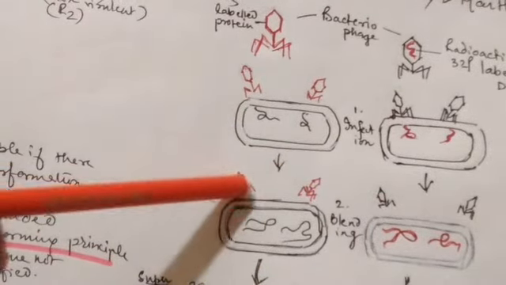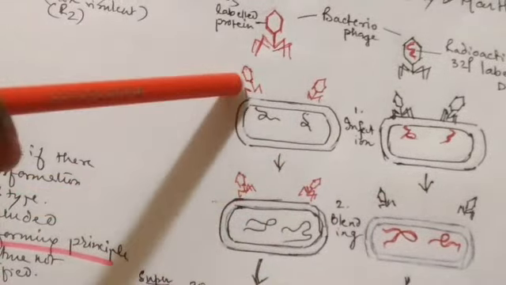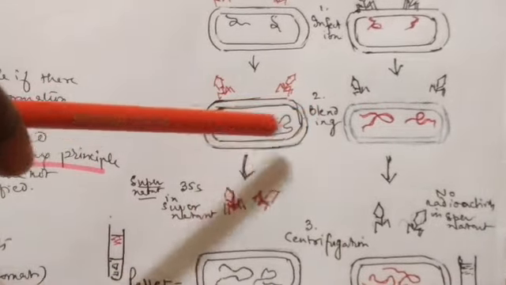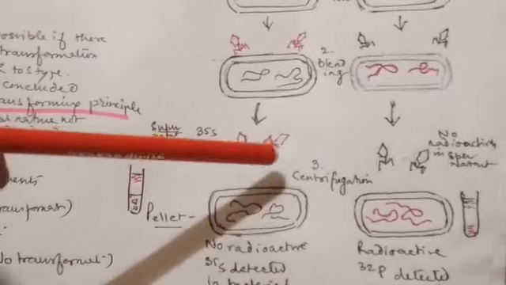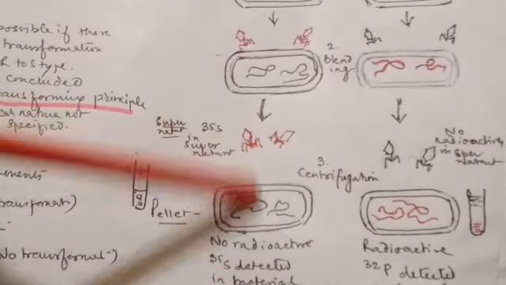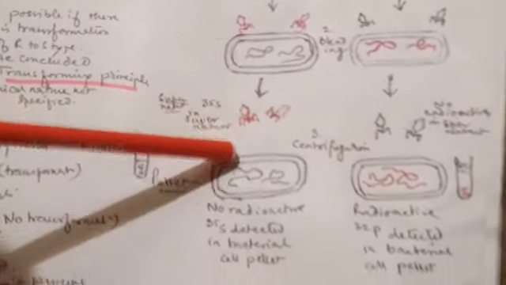Because the outer protein covering of the bacteriophage is simply adhering on the bacterial cell, so when you blend, these simple adherents get separated. Now they centrifuge it, that means they rotate it at high speed in a solution.